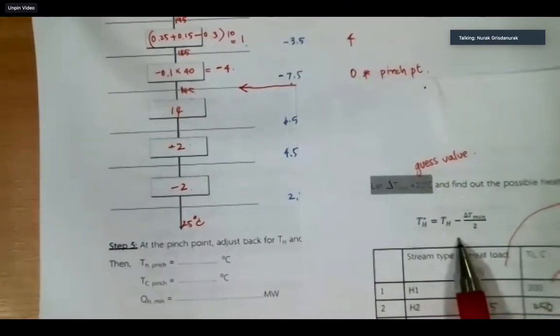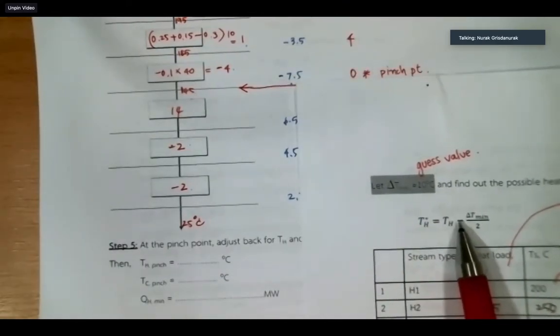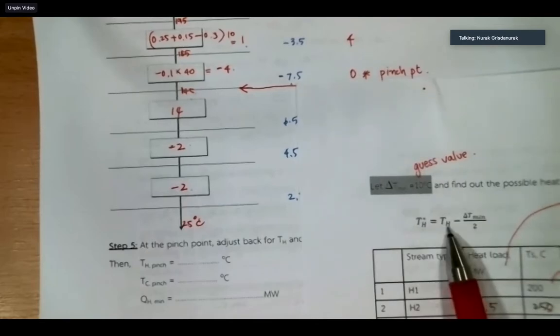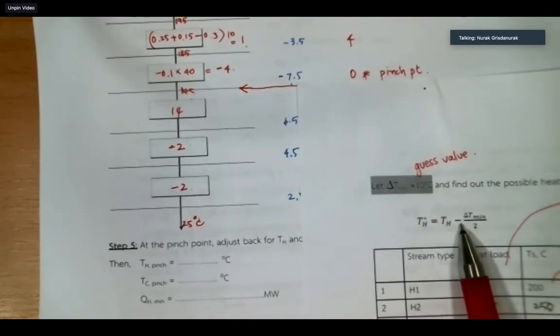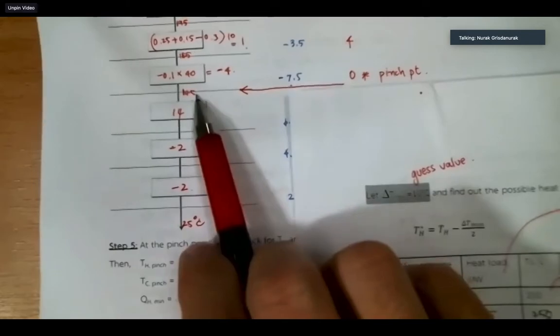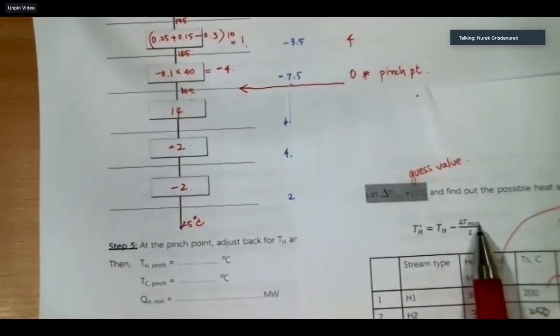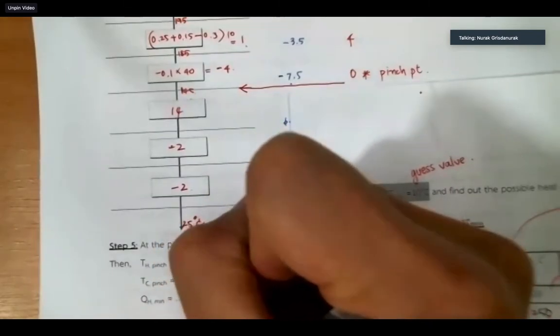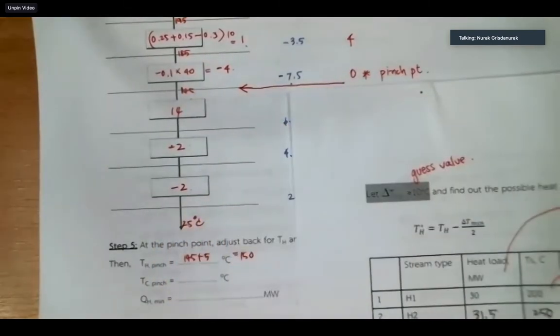Step 5: we used to subtract, now you have to add back. We subtract first and now we add back. Now we have 145, so we add back what I get for hot: 145 plus becomes 150.